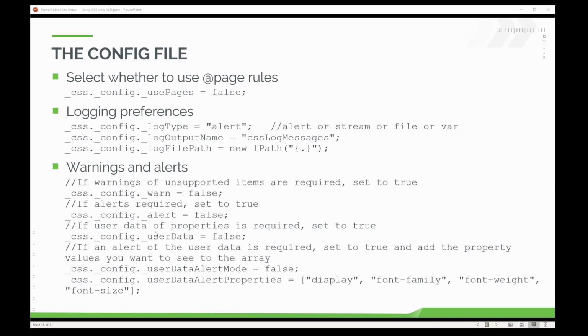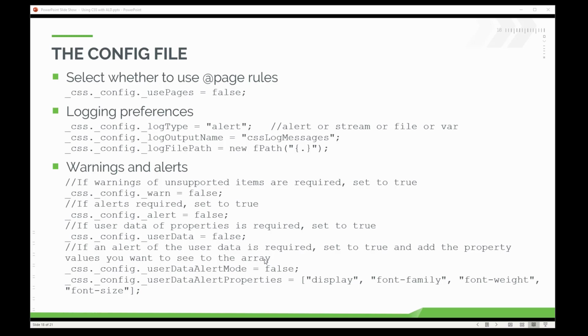Another option that we have here is the ability to turn user data on. So when properties or functions are run, you can store the value of those properties on the node as user data, and turning this on allows you to do something, and I'll show you how that could possibly work in a sec.